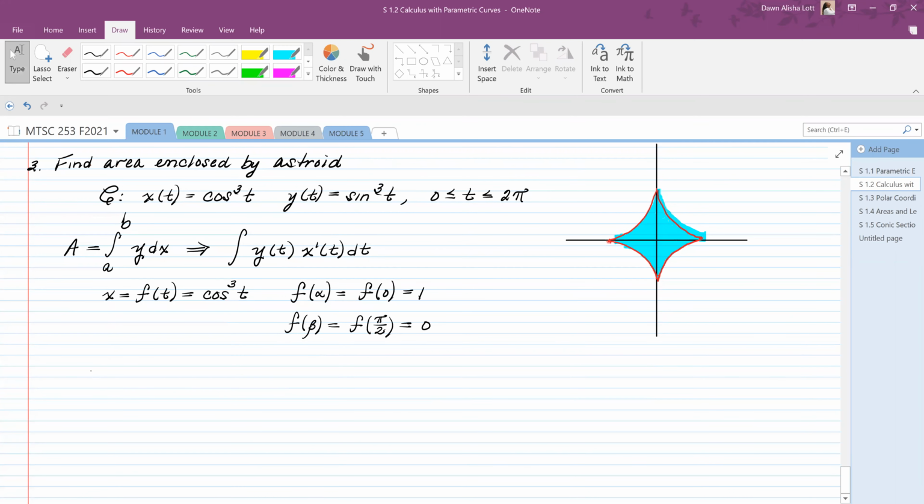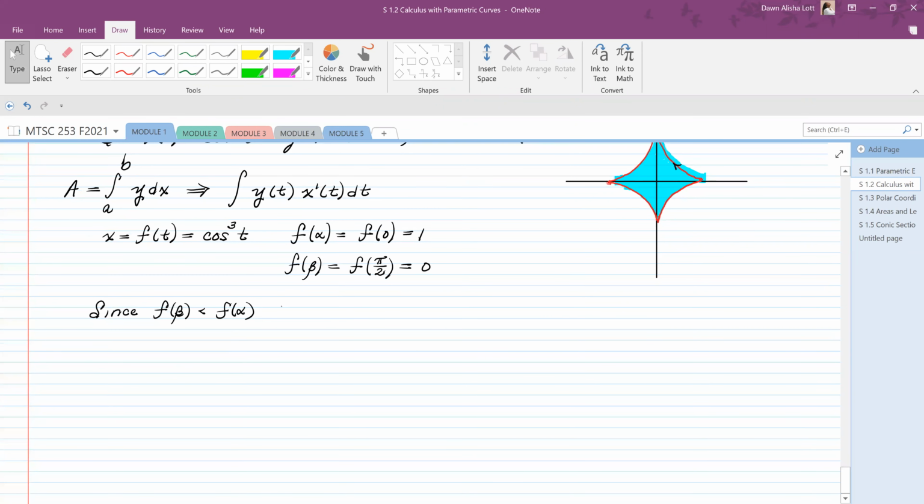Okay, so since f of beta is less than f of alpha, and that's pretty easy to see, our curve is going in this direction. So if we try to compute the area, it's going to be negative. So we're going to do the integral from beta to alpha, so the integral from pi over 2 to 0.